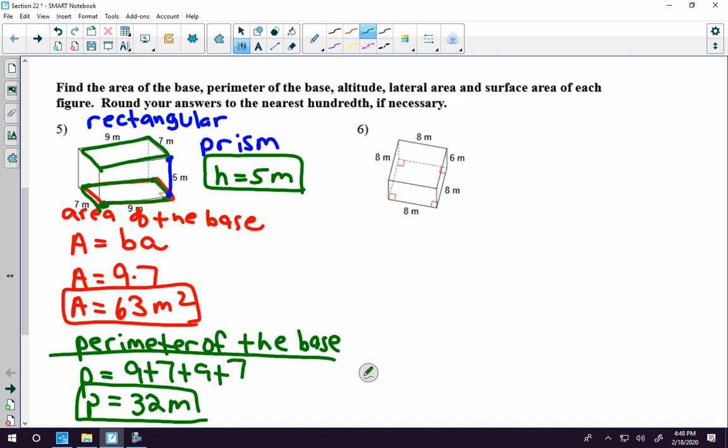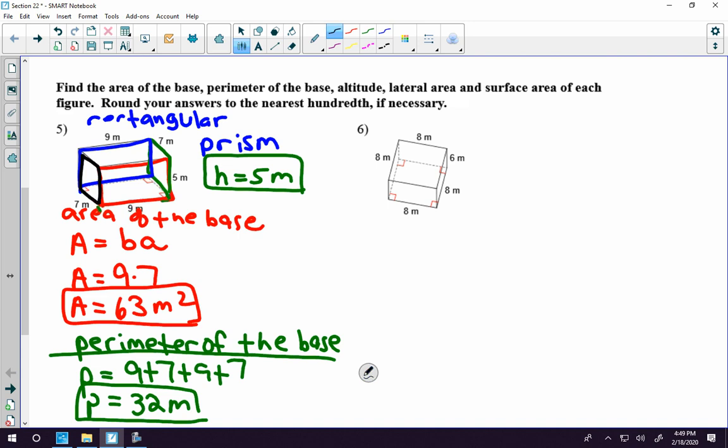Okay, next, the lateral area. I want to explain this real quick, what we're actually talking about. When we're talking about lateral area, we're talking about the area around this shape. So I'm going to start highlighting. We're talking about finding the area of this rectangle, and then the area of the rectangle over here, and then the area of the rectangle in back, and then the area of the rectangle over here in black.